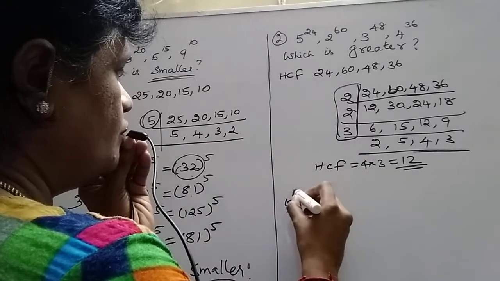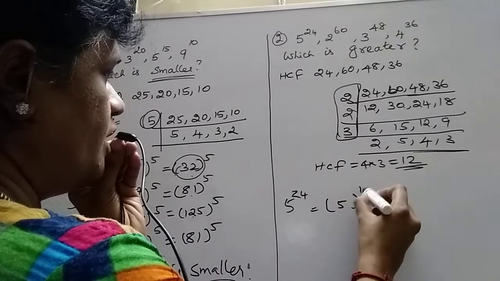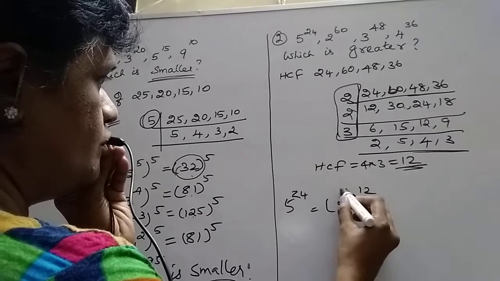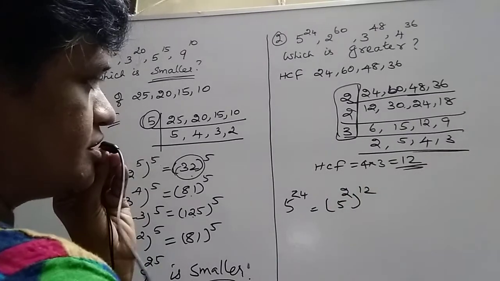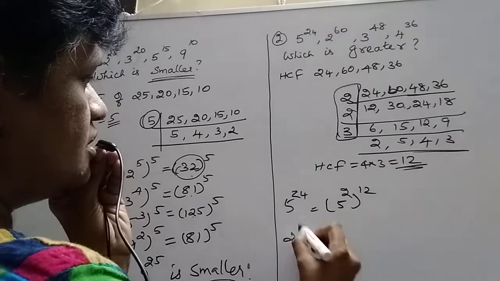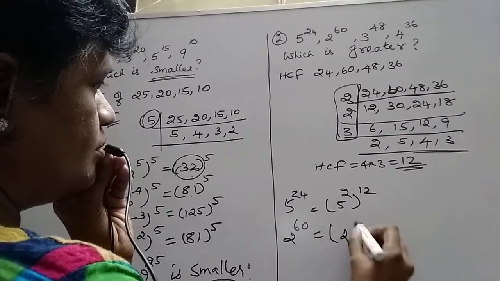So change all the powers. 2 power 24 becomes 2 to the power of 12.